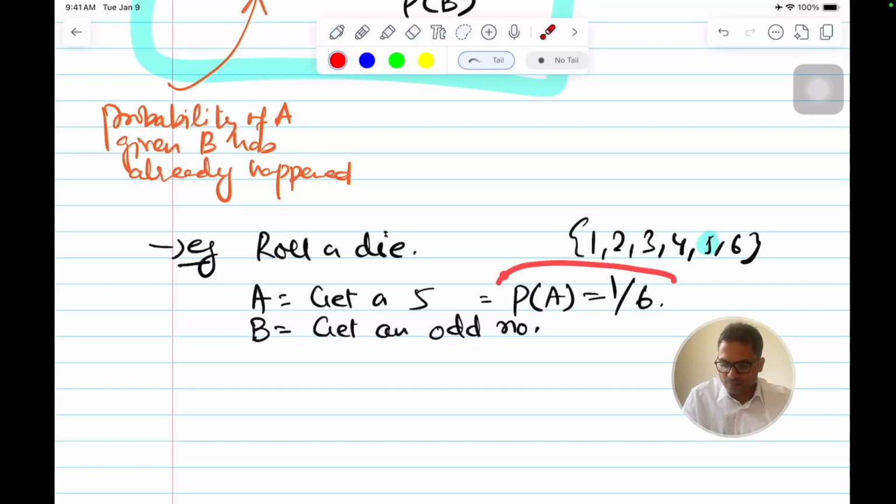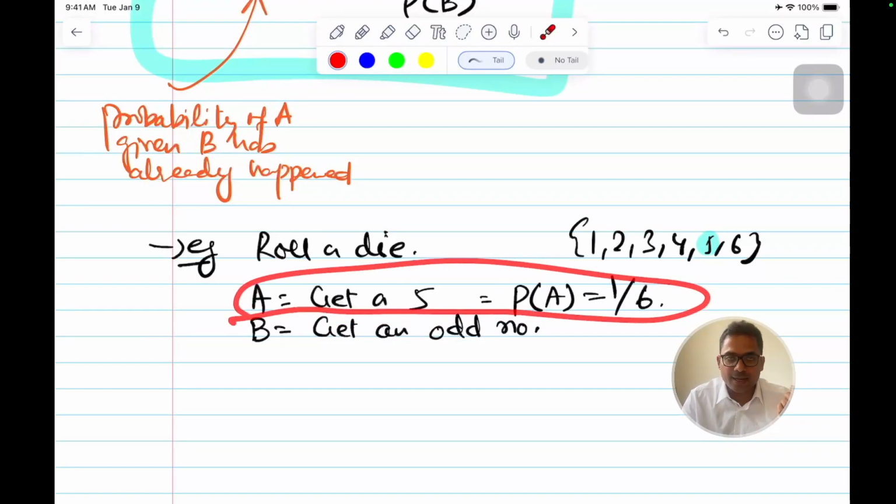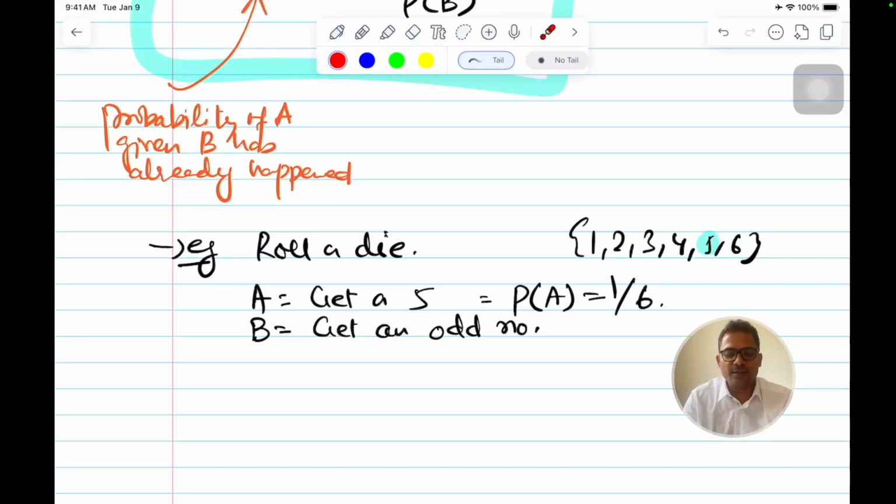Now, we both are playing. You roll the die, and I put my hand in the middle, and I know what has come, but you have not known. But I reveal to you. Earlier, remember, the probability of getting 5 is 1 by 6. Now, after you have rolled a die and you don't know what has come, but I have seen it, I give you more information: the number is odd.